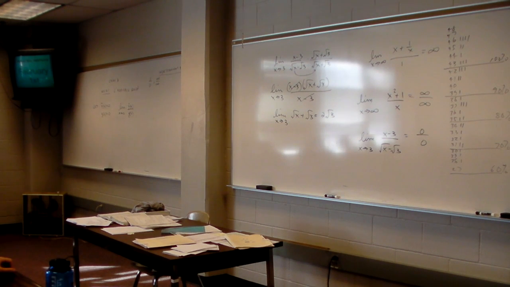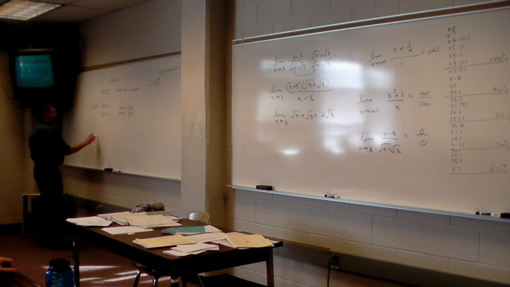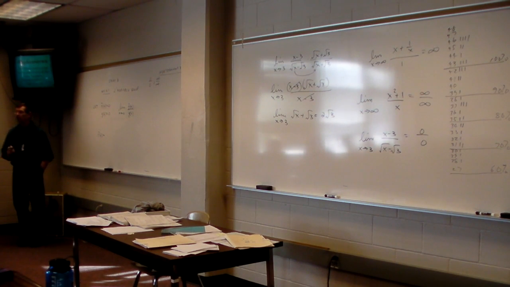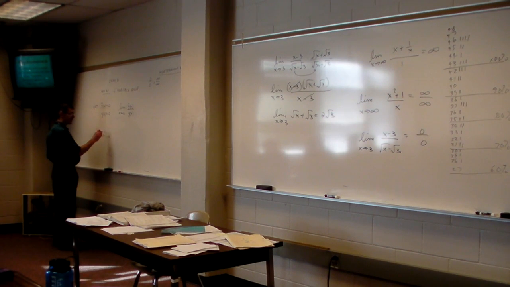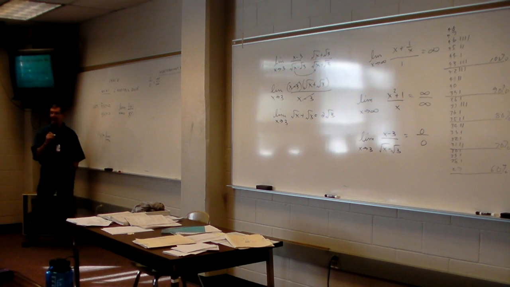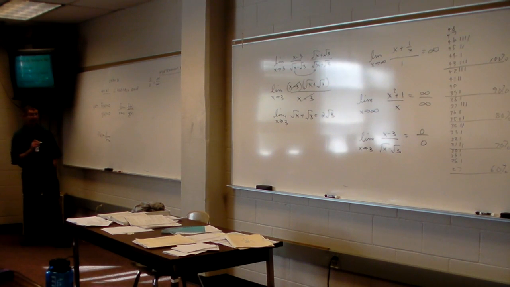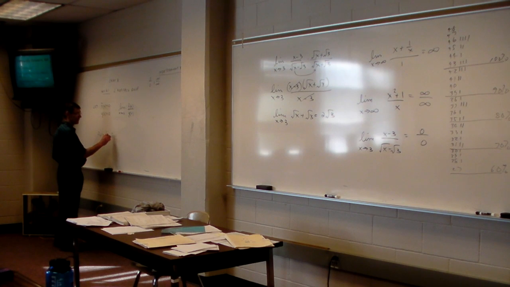Well, what is f prime of x? What's the way of writing f prime of x? See if you can dig in a memory box. It's the limit as x approaches a of f of x minus f of a over x minus a.